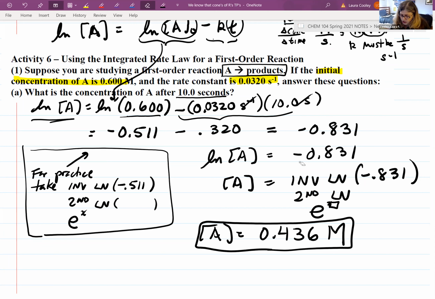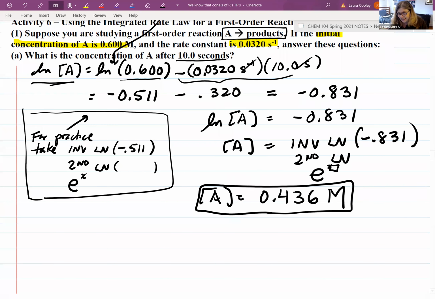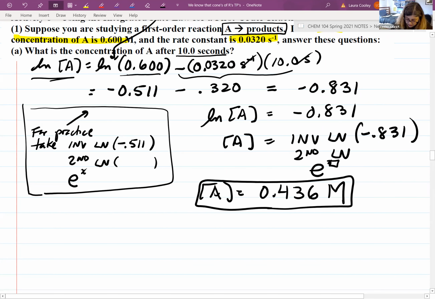That the concentration after 10 seconds would be 0.831. Why does that make no sense? Because it's higher than the original. Absolutely. So don't just change the sign on this number and tell me that's the answer. Instead, take the inverse log of it and get 0.436. And that's the right answer. All right, good. So that's the concentration after 10 seconds.